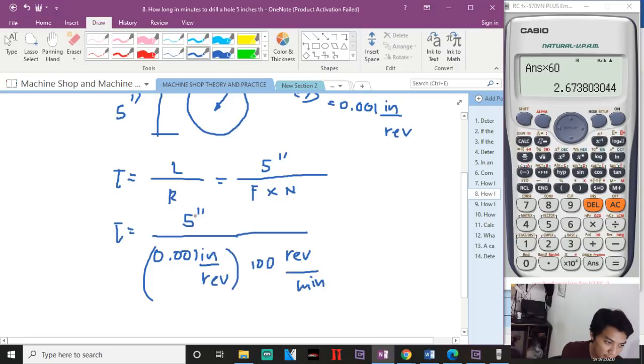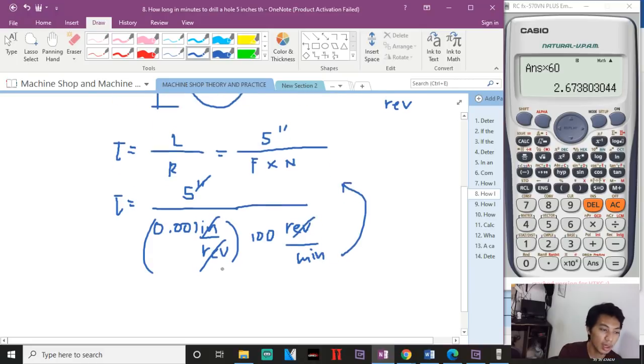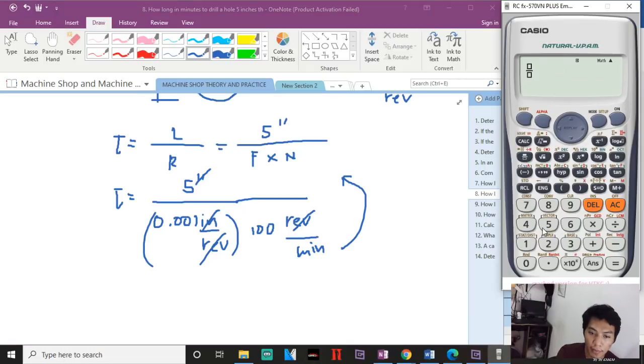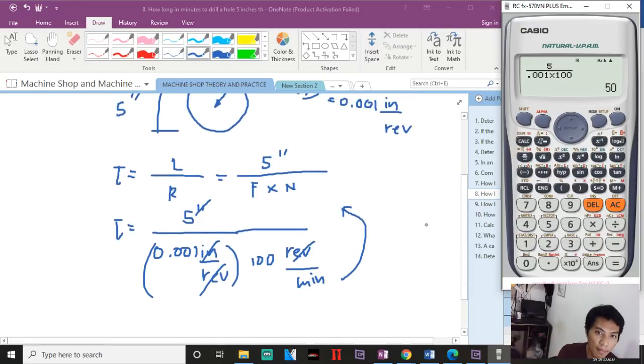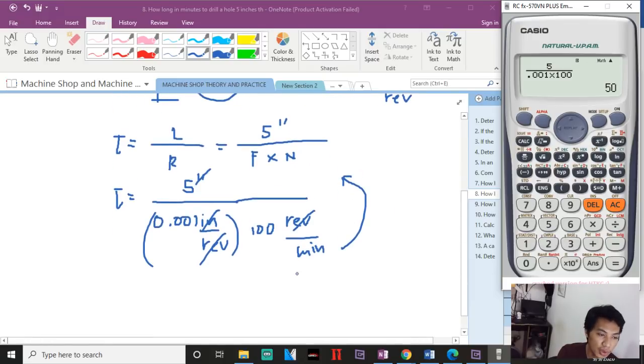We cancel the same units, the inches and the rev. What remains is minute, so it goes on top. So we calculate 5 inch divided by 0.001 times 100. That is 50 minutes.